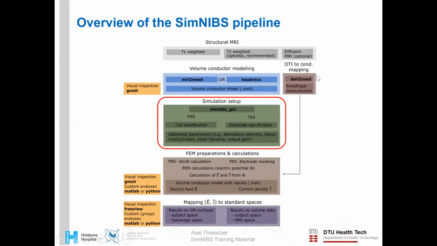It's thought that the conductivity is also anisotropic, and it's thought that diffusion tensor imaging actually can be used to inform you about the conductivity anisotropy inside white matter. So when you have a diffusion tensor image of the brain, you can use it to estimate the conductivity anisotropy and assign that to the FEM calculations. This is again an optional step.